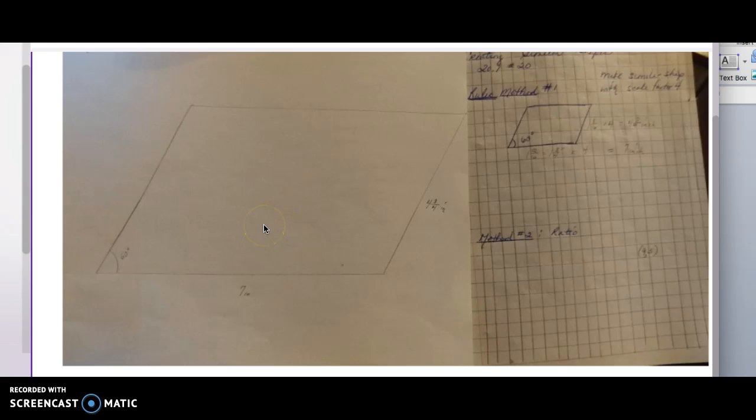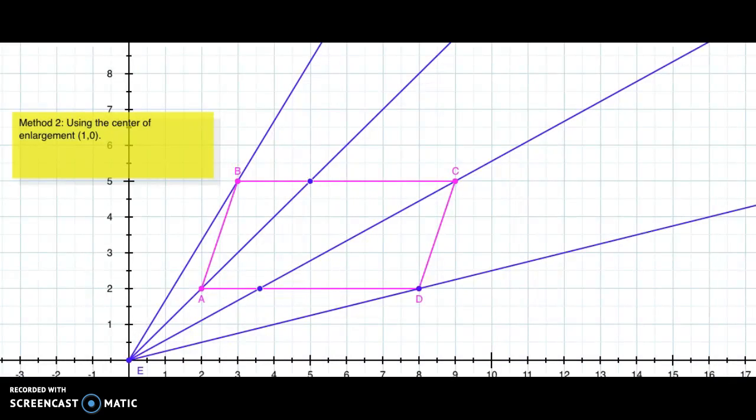So then the hard part was for me to construct this parallelogram using another method. I got stuck on what other method I can use to create a parallelogram. So I basically transcribed that parallelogram that was in my notebook.